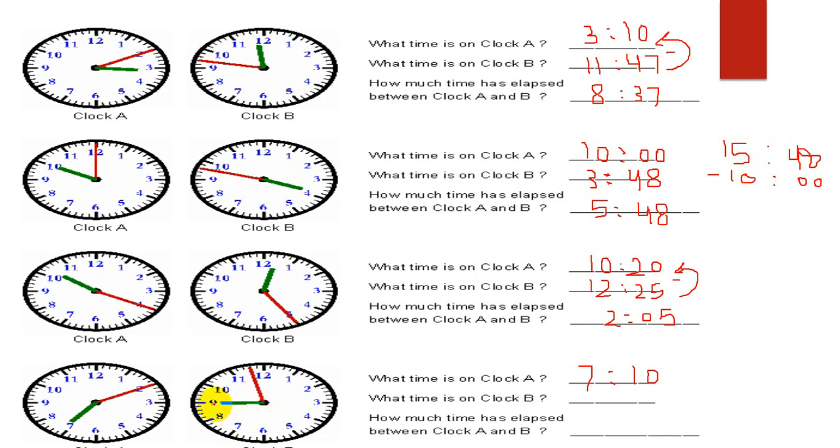No. This is a remainder. How many minutes until 9 o'clock? 2 minutes. So this is 8, not 9. 8. And how many minutes?